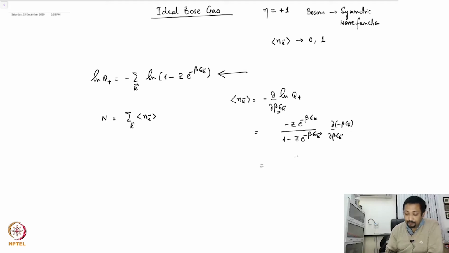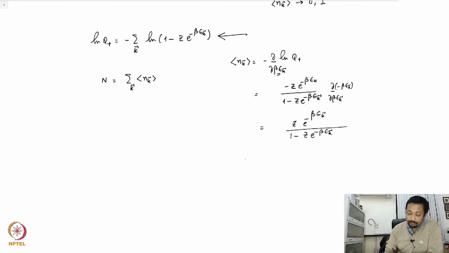So that gives you z e to the power minus beta epsilon k divided by 1 minus z e to the power minus beta epsilon k, so that you come up with the expectation value nk is equal to 1 over z inverse e to the power beta epsilon k minus 1.